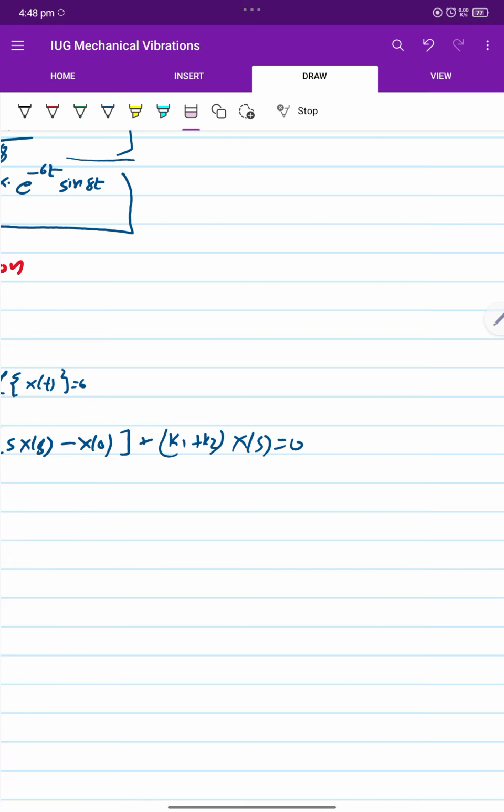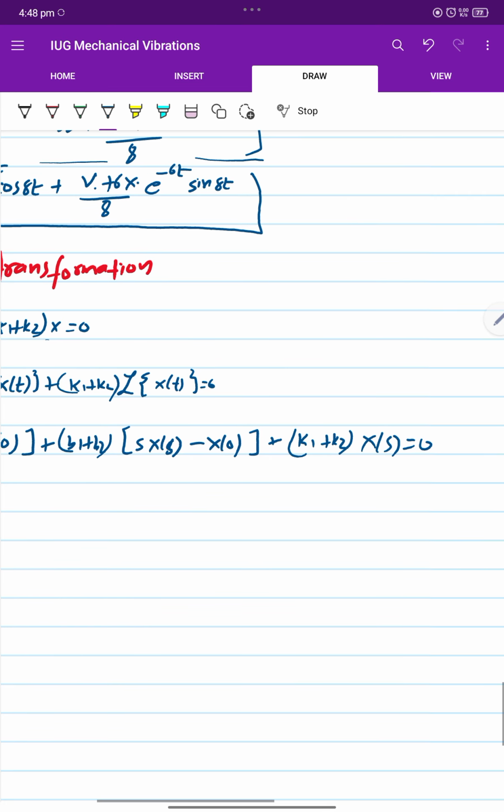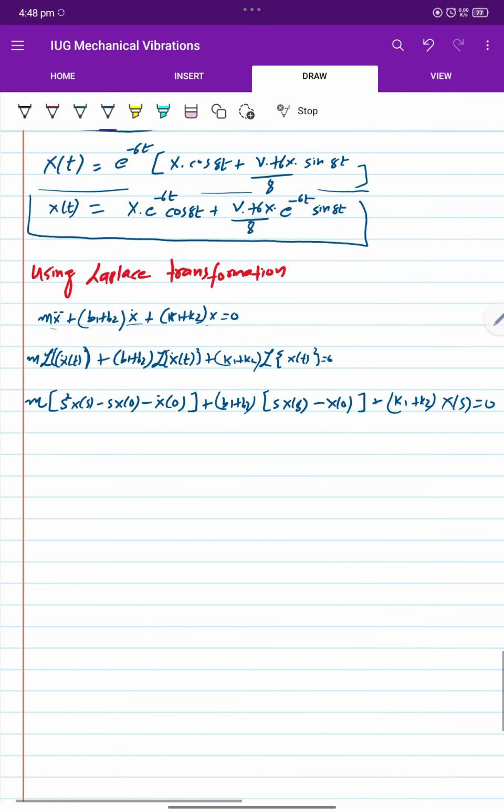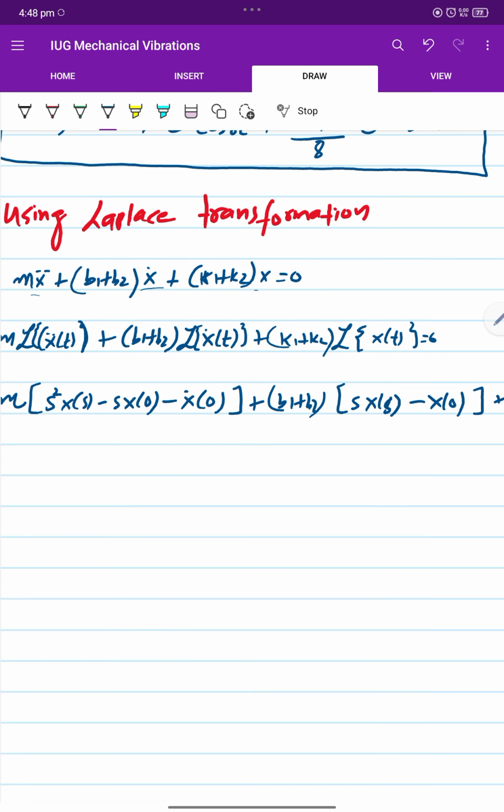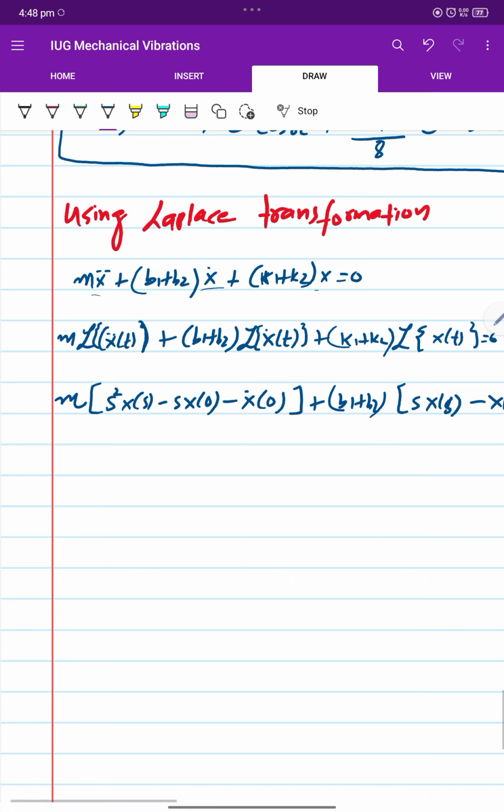So this is what you have at the end, and now you can substitute the initial conditions. It becomes m[s square X of s minus x naught s minus v naught].